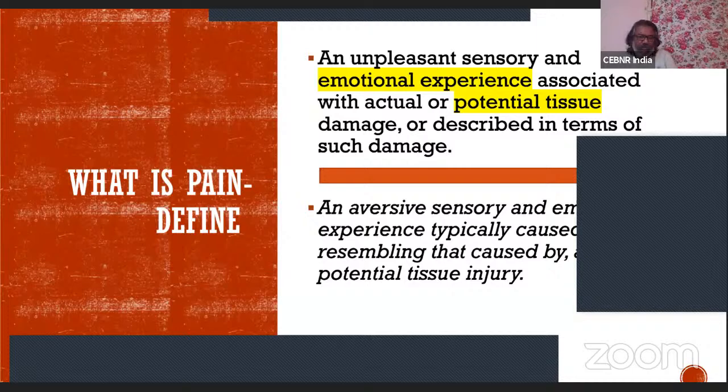Why it needs to go to the somatosensory area, that is my next question. Am I clear? If it is a pain, what is the value of that information going to your somatosensory area? That is your sensory part of your brain. Why should it go there? What is the value of that? Can you put your answers in the chat, please?